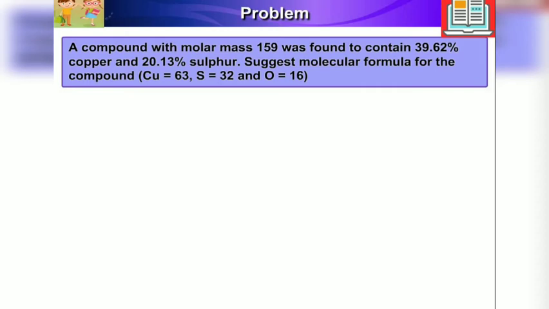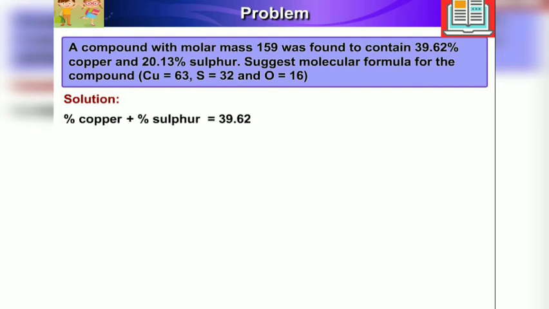A compound with molar mass 159 was found to contain 39.62% copper and 20.13% sulfur. Suggest molecular formula for the compound. Cu equals 63, S equals 32, and O equals 16. Solution. Percent copper plus percent sulfur equals 39.62 plus 20.13 equals 59.75.